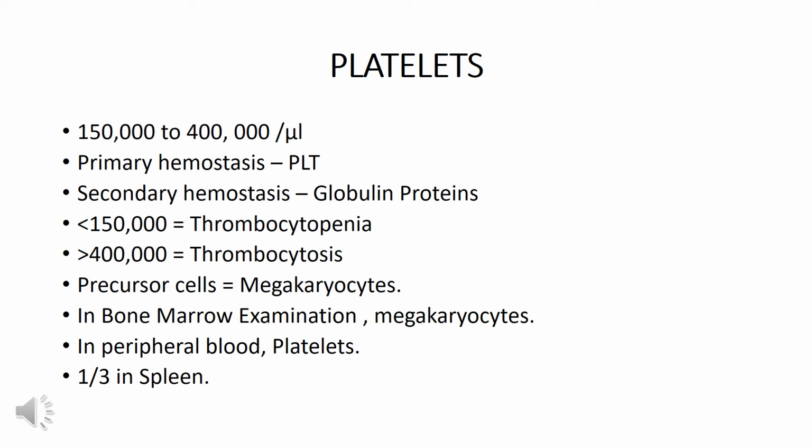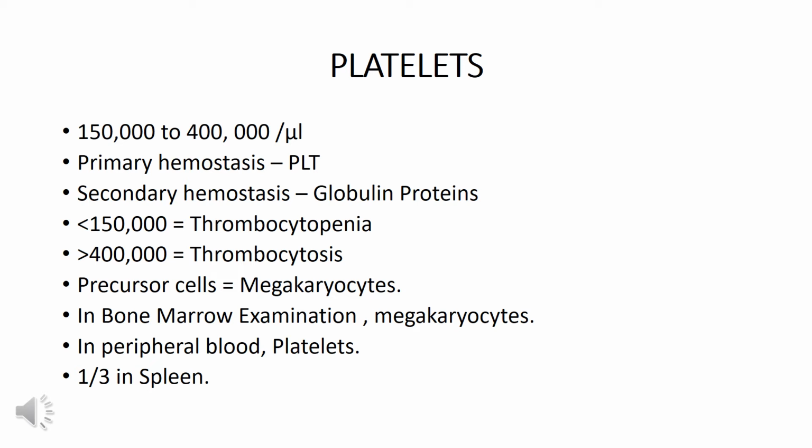देन व्हाट इज थ्रोम्बोसाइटोसिस? More than 400,000 platelets per microliter is known as thrombocytosis. But normally if a platelet count is 500,000, it doesn't mean the patient has any serious condition.